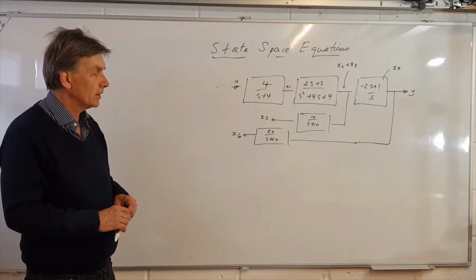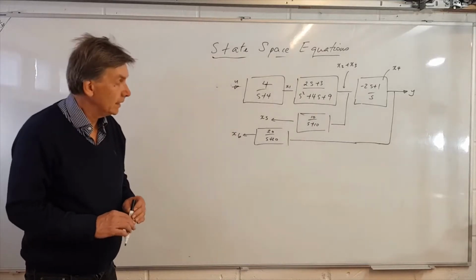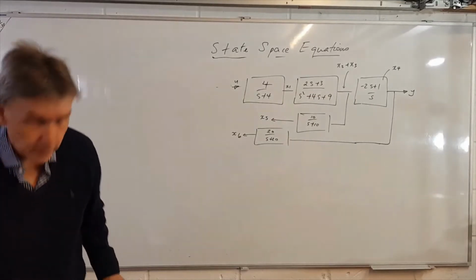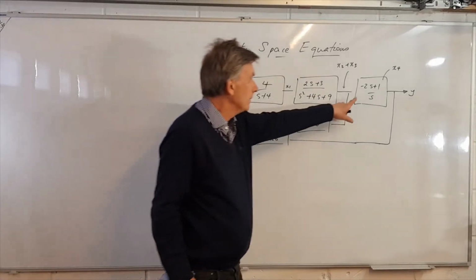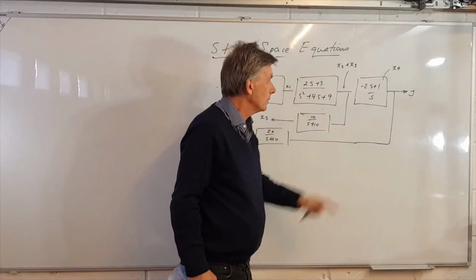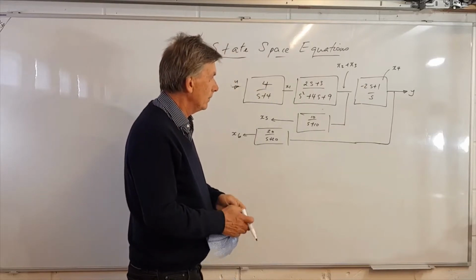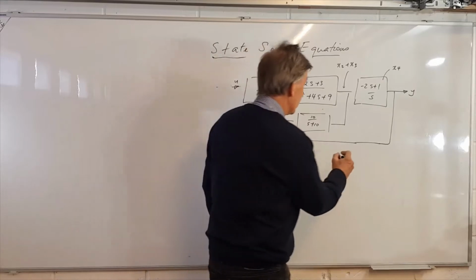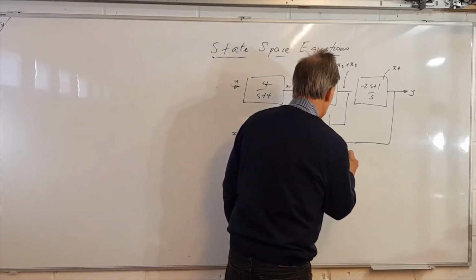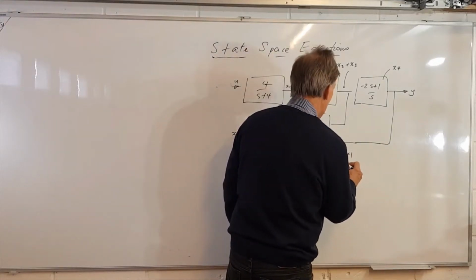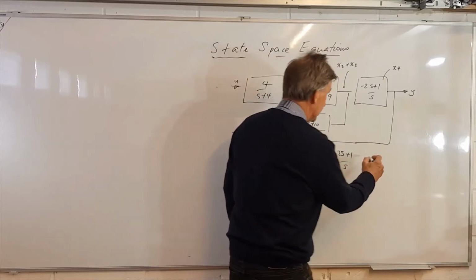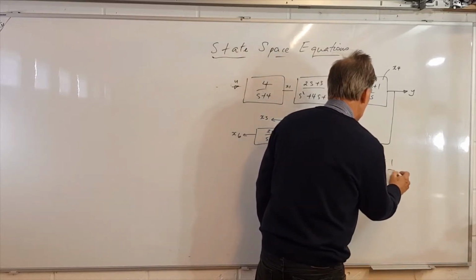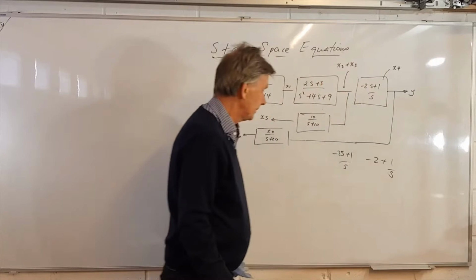Now the first thing we've got to do is, because this function here has got the same number of poles and zeros, we need to re-badge this one as a slightly different block diagram. So if we think of the block diagram, minus 2s plus 1 over s, we could write that as minus 2 plus 1 over s.